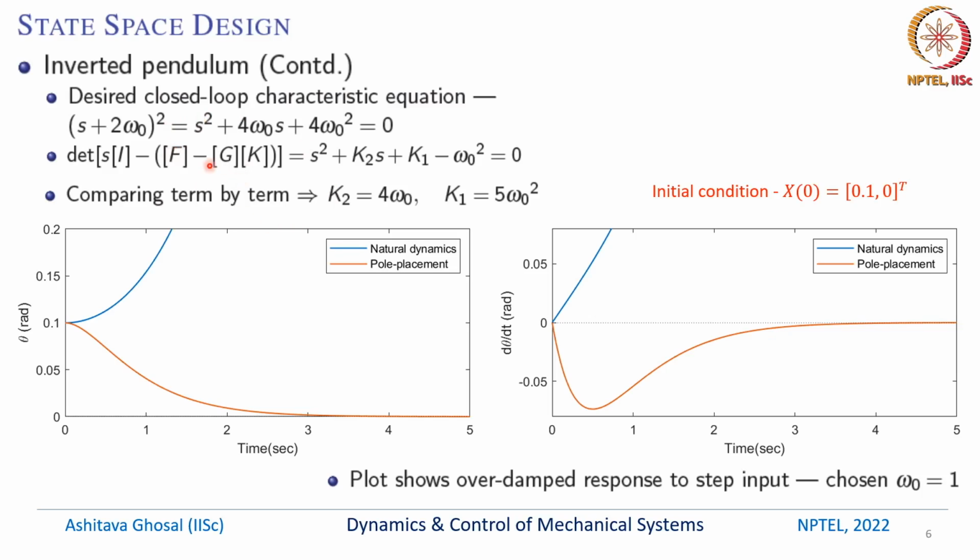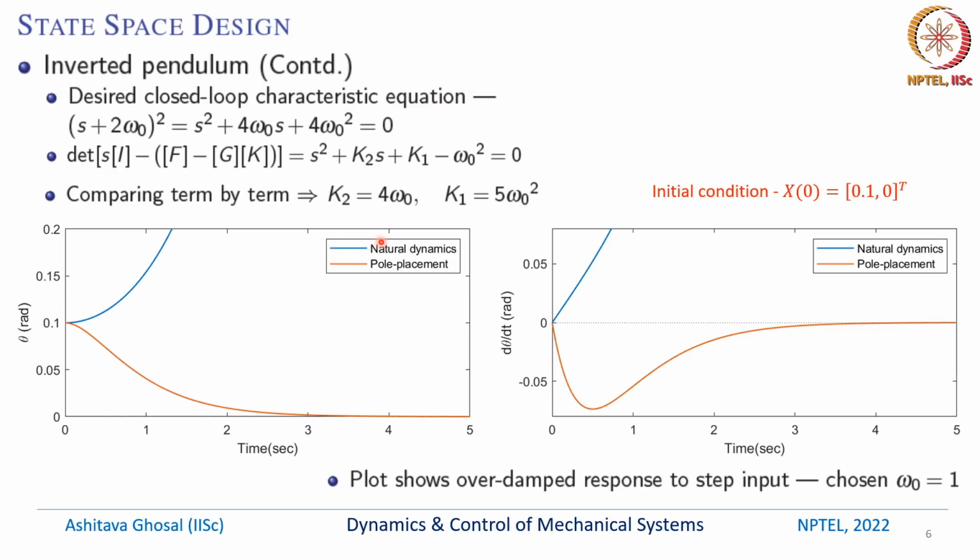So when you substitute all that and compute the determinant, you will get s square plus k2 s plus k1 minus omega naught square equal to 0. If you compare these two equations, this is the desired closed loop characteristic equation, and this is the characteristic equation with k1 and k2. So what you can see is k2 is 4 omega naught, and k1 is 5 omega naught square.